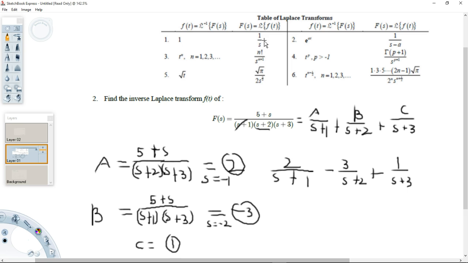So you need to find the pattern of each one of these components. The thing that looks closest to each one of these is this equation here, the 1 over s minus a. As long as that is in that form, you can convert it into e to the a t.